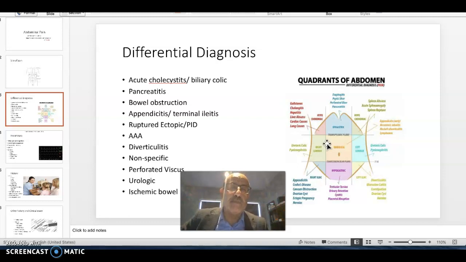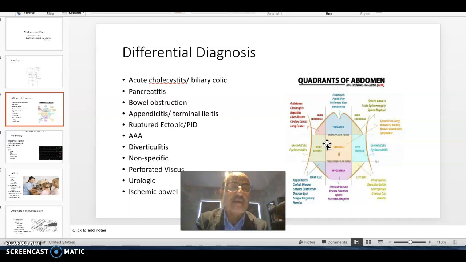When you have central abdominal pain, you will need to think mainly of pathology related to the small bowel, which could be in the form of small bowel obstruction, regardless of the cause. We will discuss small bowel obstruction in thorough detail in another lesson.